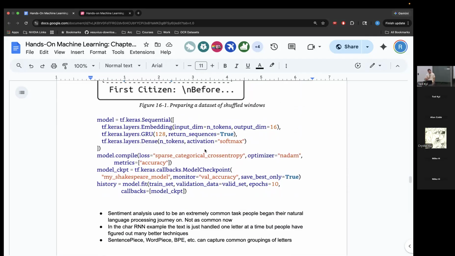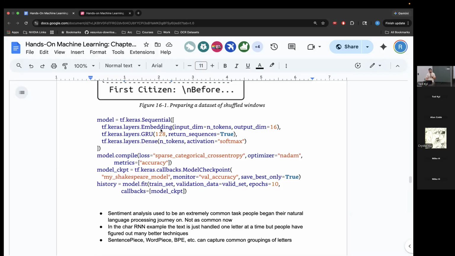So they showed this setup and it looks very simple, but if you look at the actual details behind it, it's kind of complicated. They showed this model definition, and what it's showing is the embedding layer. What this does is it takes the IDs or the characters and turns them into an actual embedding.